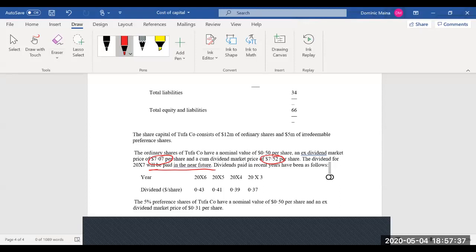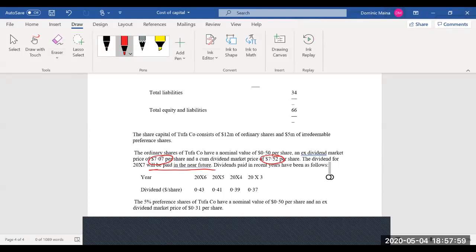Don't forget, since it has not yet been paid, this 0.45 will be paid in the near future. D naught is the most recently paid dividend.